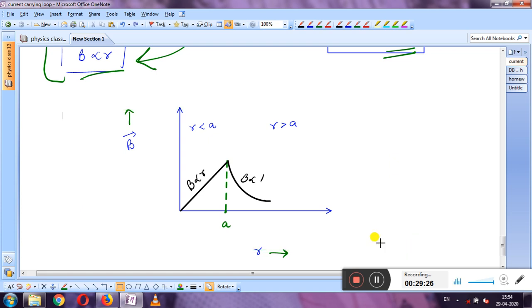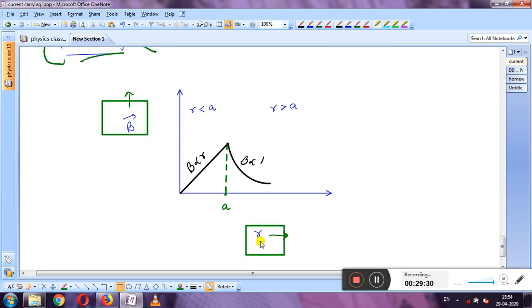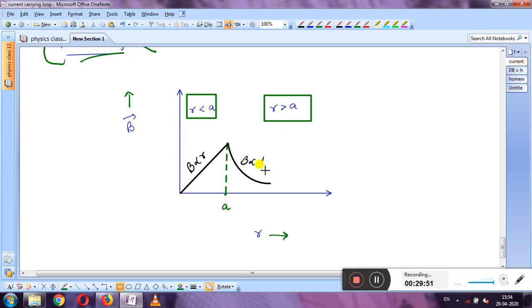Look here, here we have taken B, here we have taken r. Between them we are drawing the graph. Because this axis represents r, the point where r is equal to a we have represented with this point. This boundary represents r equal to a. That means towards the left it is r less than a and towards the right it is r more than a.